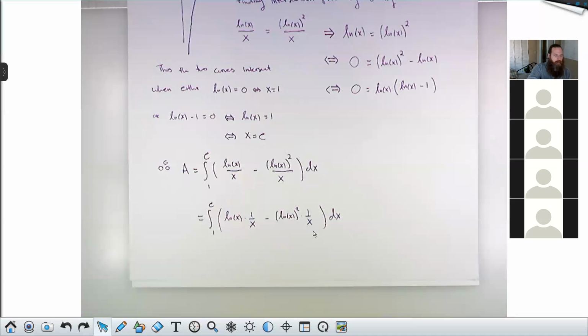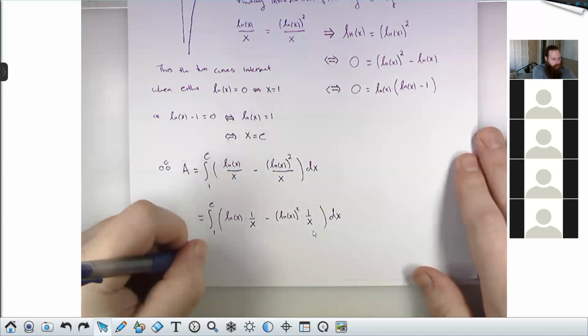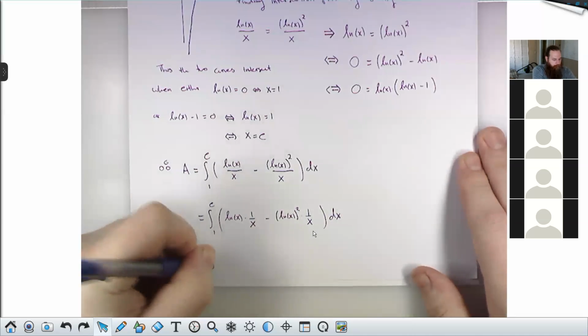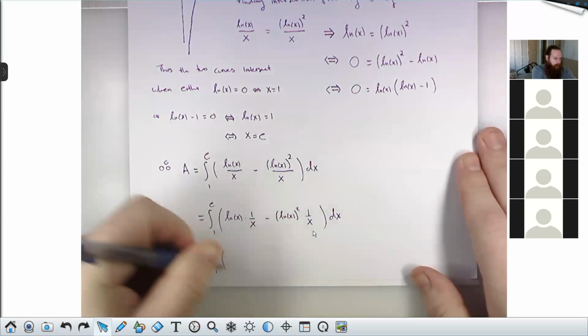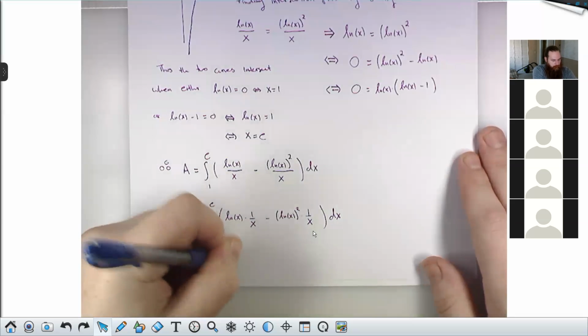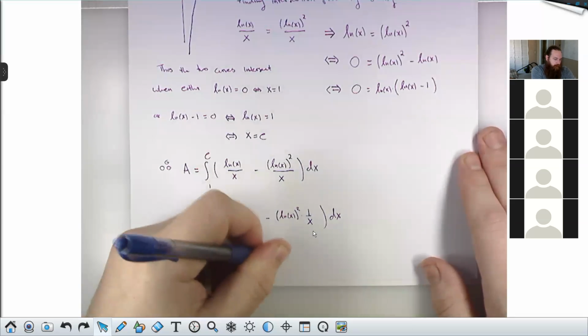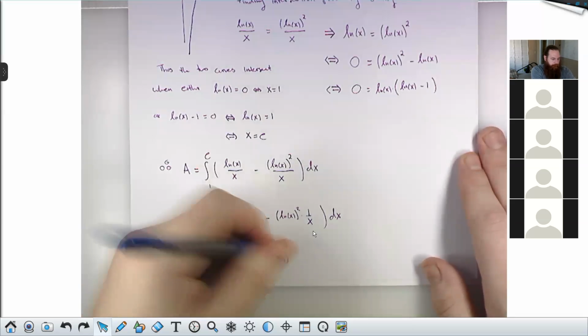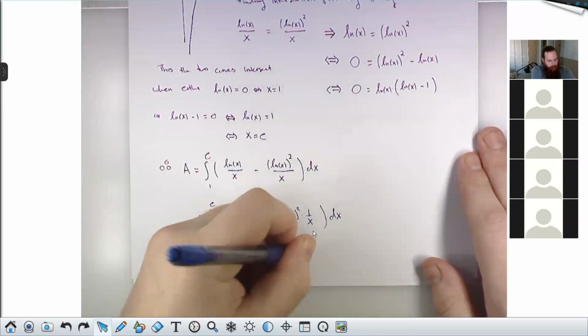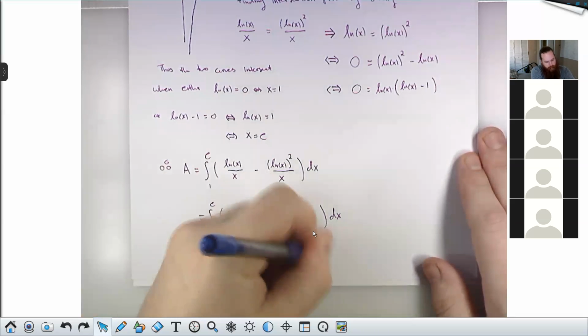And that's convenient because that's precisely the piece we need to make the substitution u equals ln x go through. But I want to do that substitution very carefully, and I want you guys to play along with me. So this is ln x minus ln of x all squared times 1 over x dx.